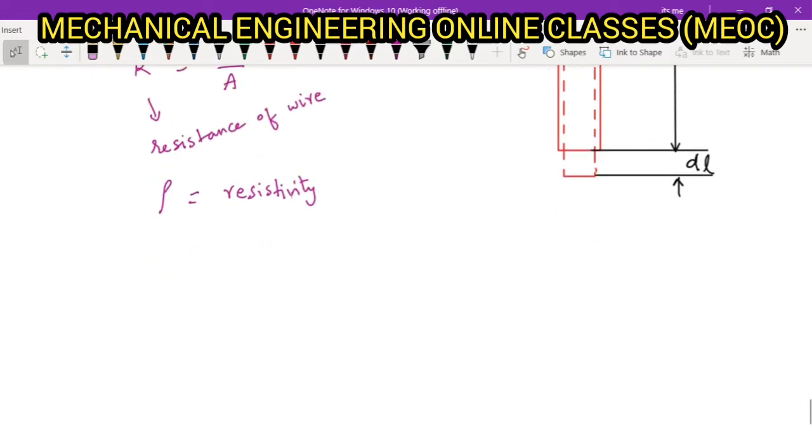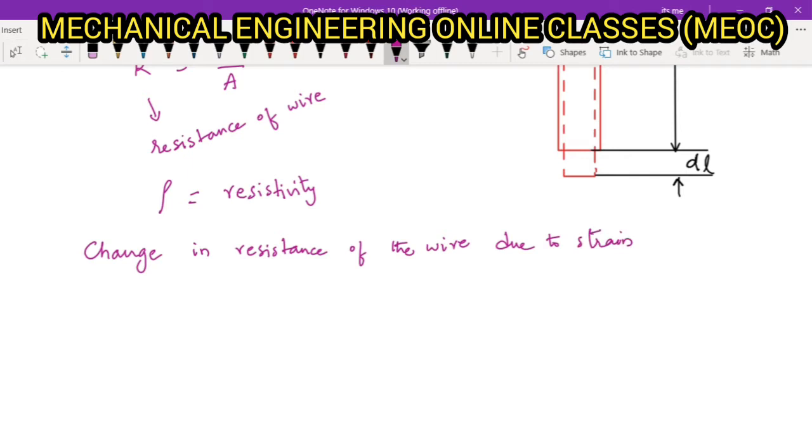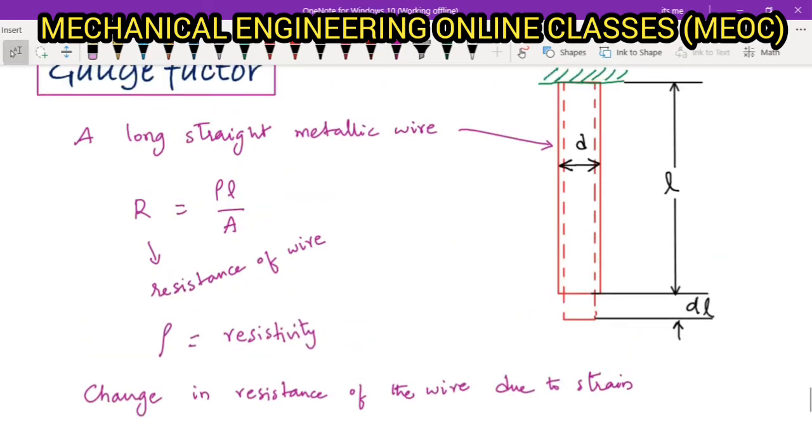Now if I want to calculate the change in resistance of the wire due to strain, please look into the figure. The thick red line shows the wire before stretching or elongation, and the dotted red line shows the wire after elongation.